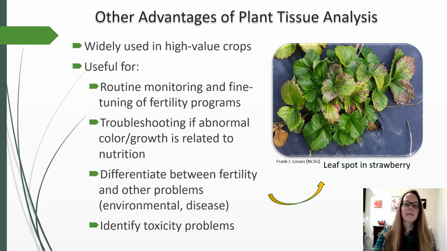Tissue analysis is also used to troubleshoot suspected fertility problems when plants are showing an abnormal growth habit or color. Tissue tests are frequently used to distinguish between fertility problems and other problems.